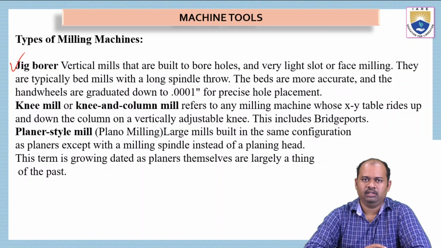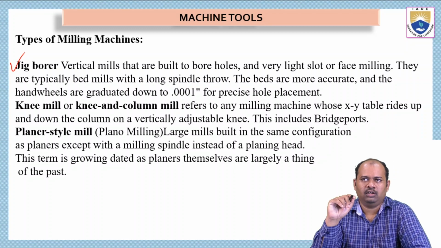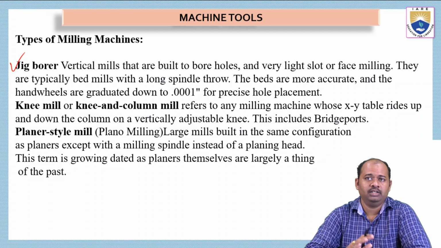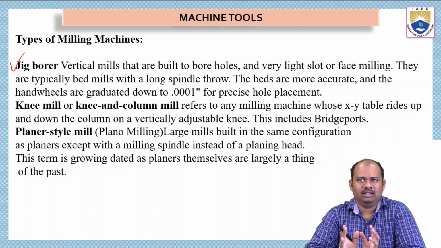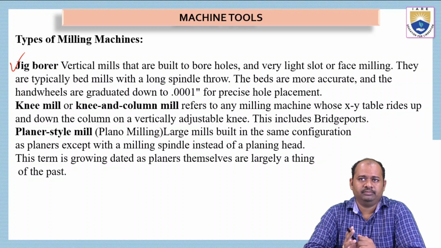So in a vertical mill, the boring operation can be done, and a very light slot or face milling. They are typically bed mills with a long spindle throw. Very light slotting can be done, and face milling also can be done on this machine. The beds are more accurate, and hand wheels are graduated down to 0.0001.